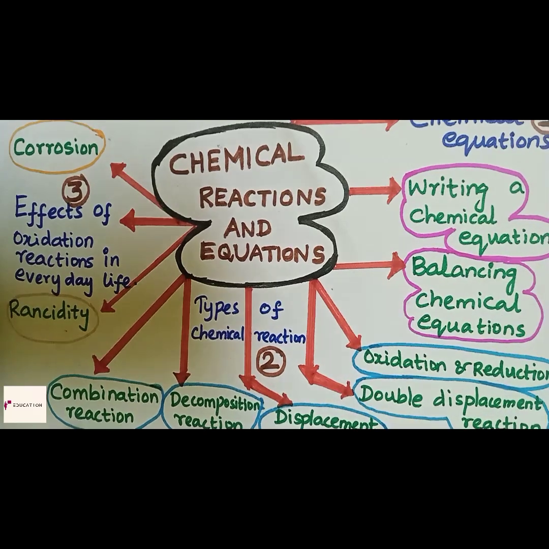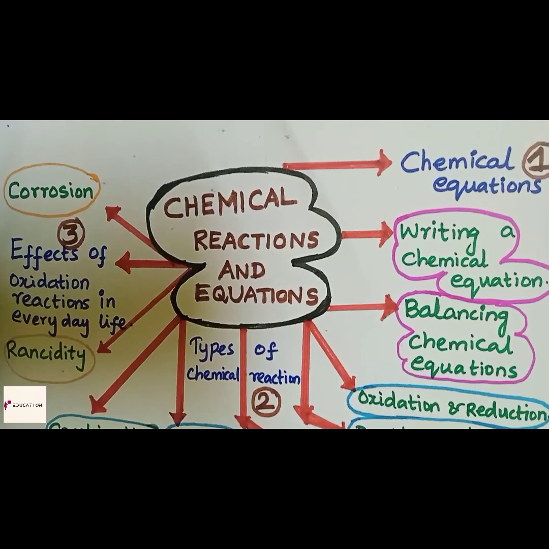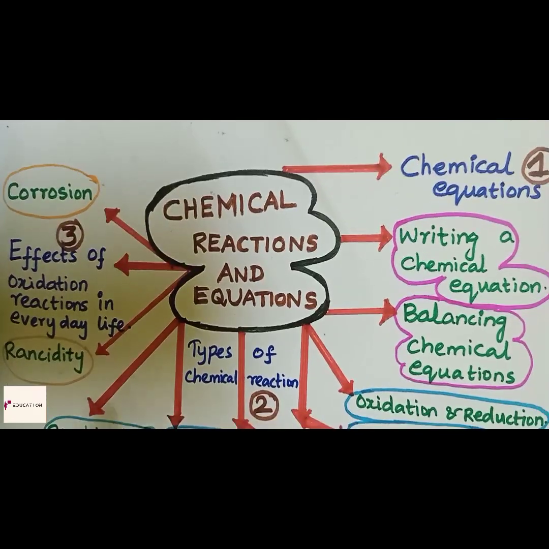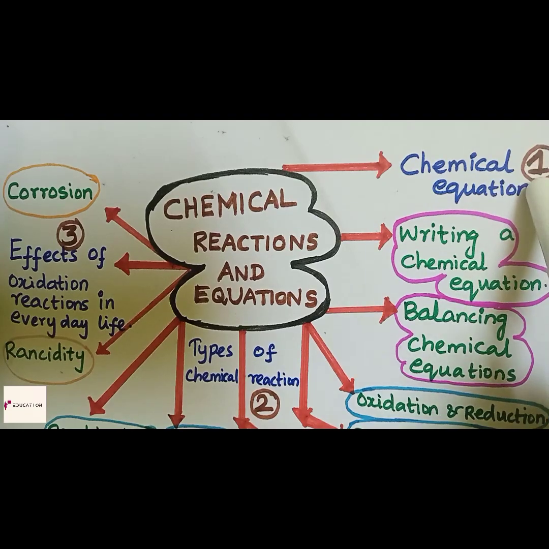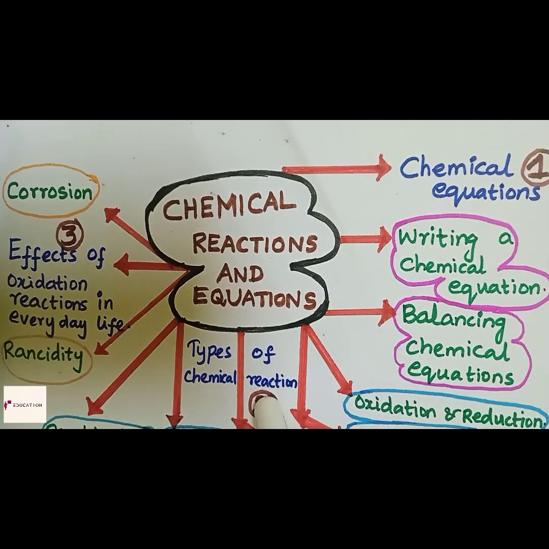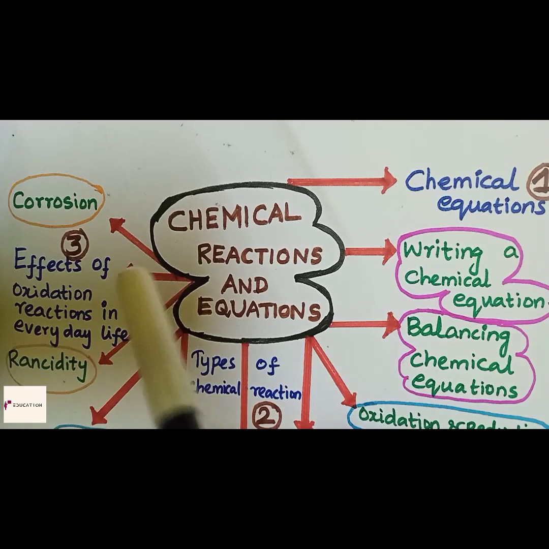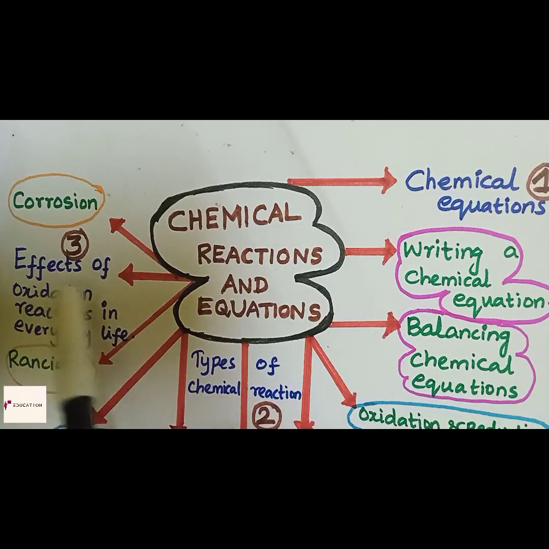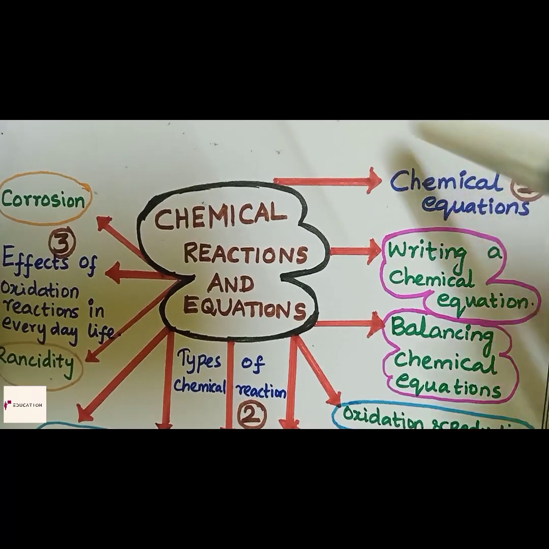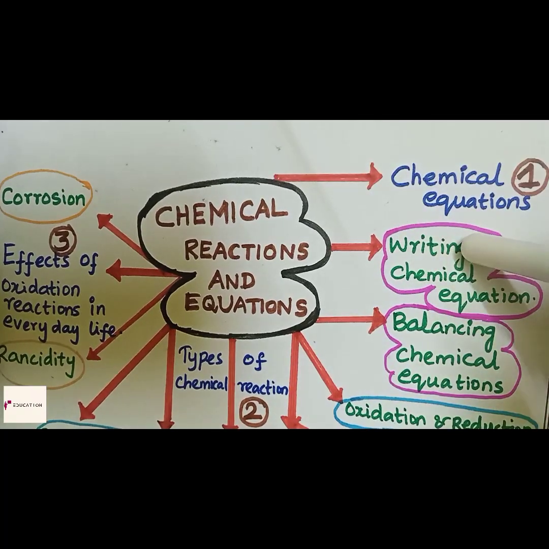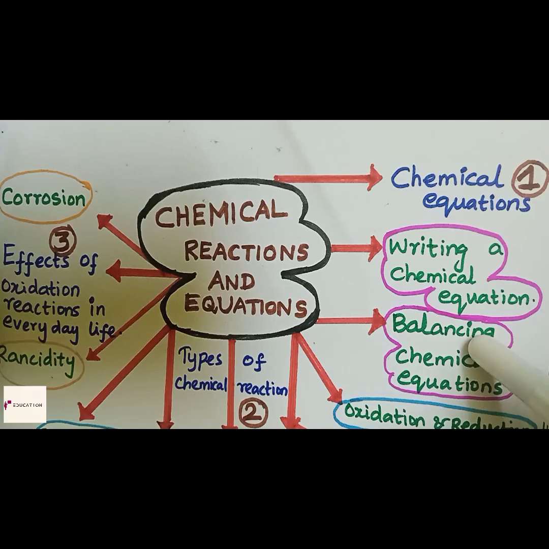Once again, a quick revision. The lesson is chemical reactions and equations. The first subtopic is chemical equations, the second is types of chemical reaction, and the third is effects of oxidation reactions in everyday life. Under chemical equations we learn writing and balancing a chemical equation.